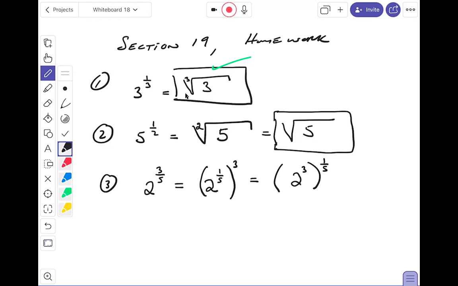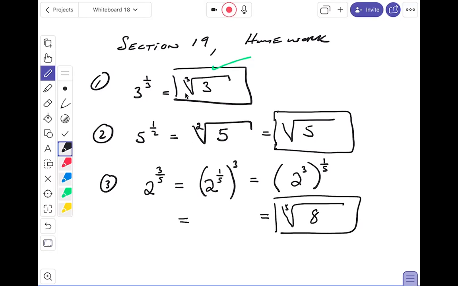Now, I'm going to focus on them separately. Someone says, why would you do that? The deal about this one is they're really kind of easy to do. It's going to be radical notation. I'm doing the one on the left first. The index is 5. Then on the inside, 2 cubed, which would be 8.